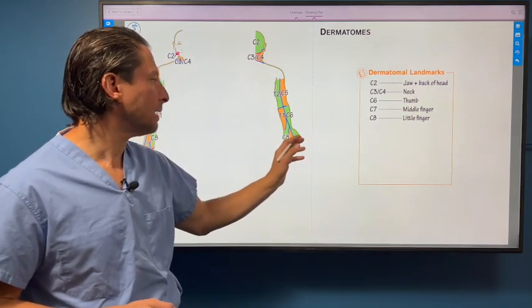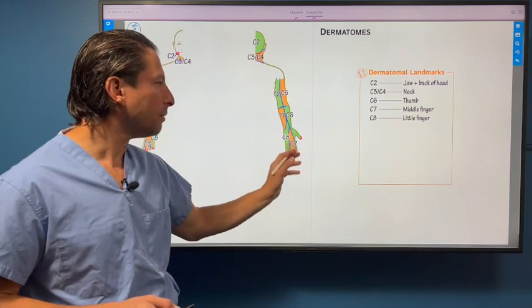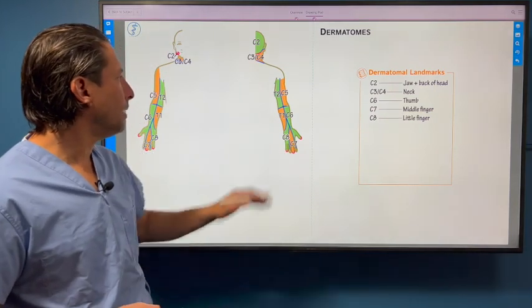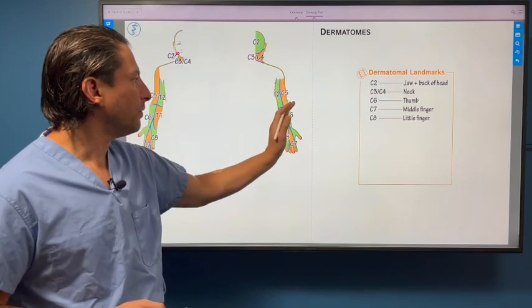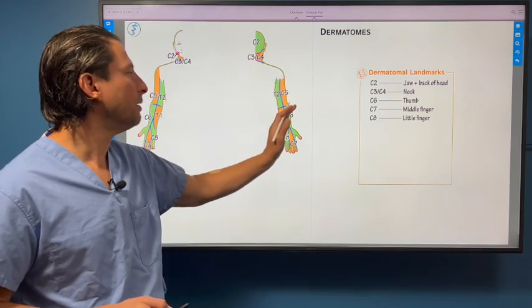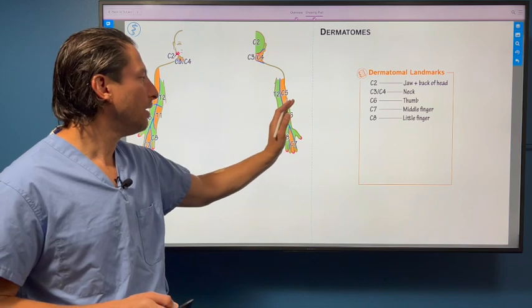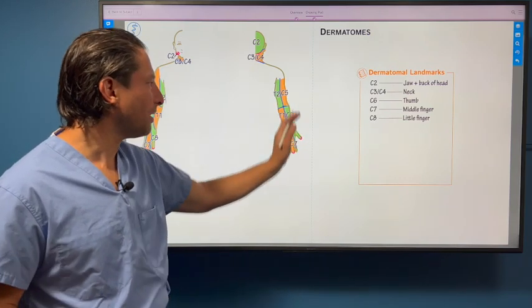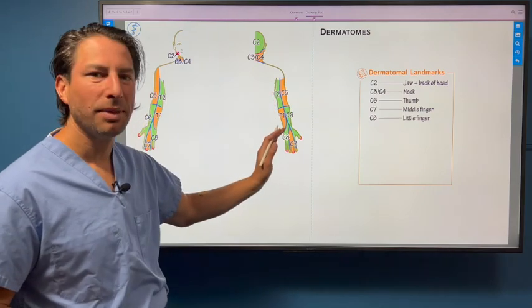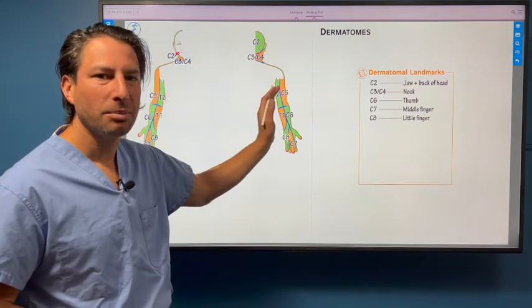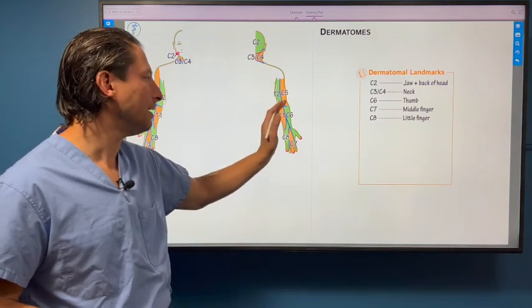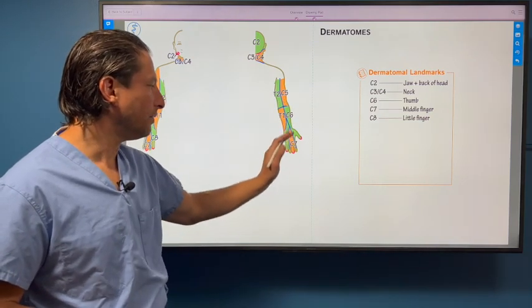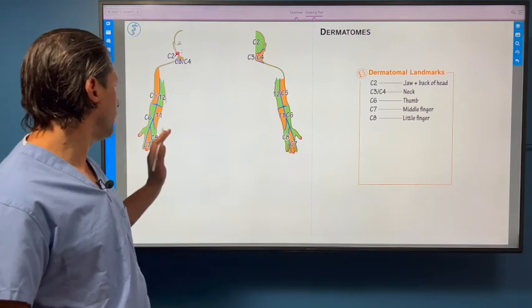So C6, think thumb. C7, think middle finger. C8, think little finger. So C5 is the upper arm. C6 is the forearm, and then on the lateral aspect, and then on the medial aspect, T2 is the upper arm, and T1 is the forearm on the medial aspect, and then C8 kind of extends down here to cover the little finger.